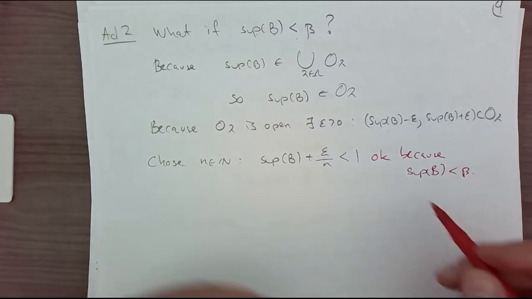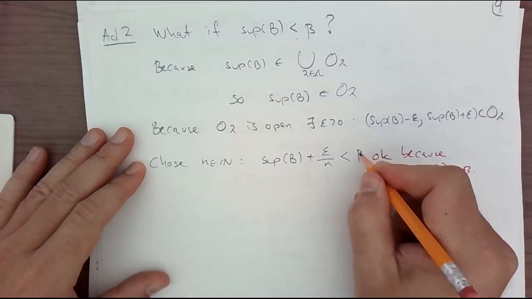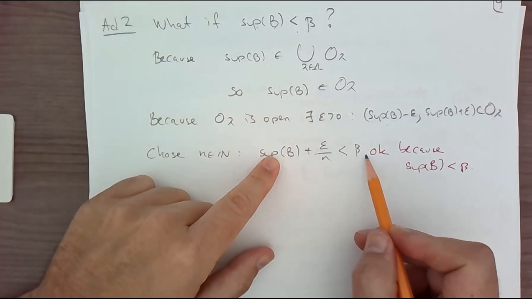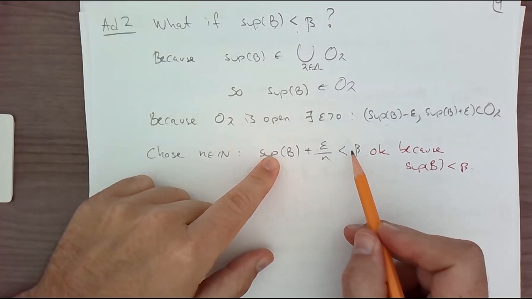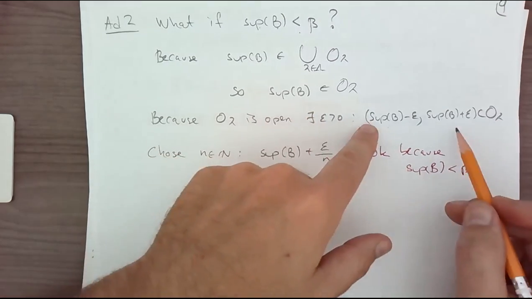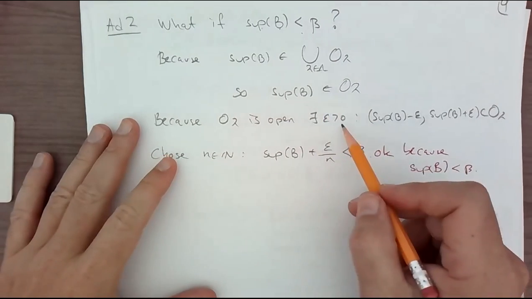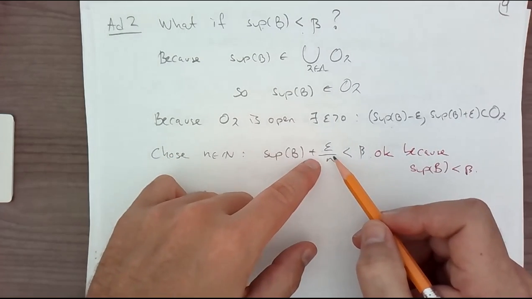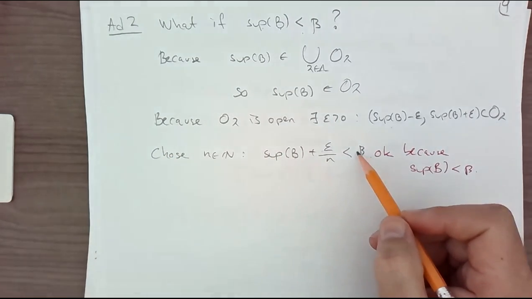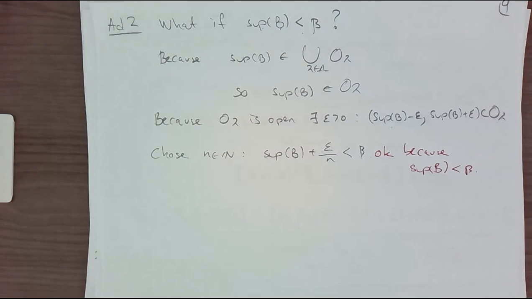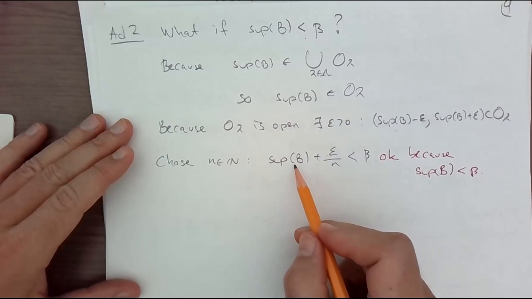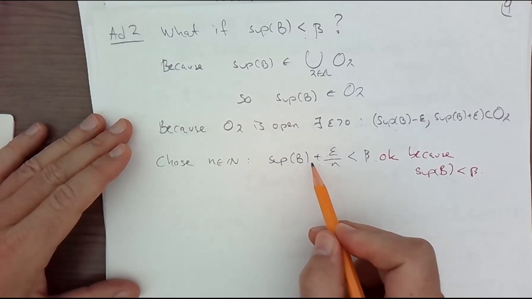Right? Had it been equal, then I couldn't do it. If this one had been equal to that one, I could not do this. But I take this epsilon that I'm given and I just scale it by n. I choose a big enough n, then this number here is going to be so small that I can squeeze it in between here. And now we're going to get a contradiction, because when that happens, I can move beyond this sup b.